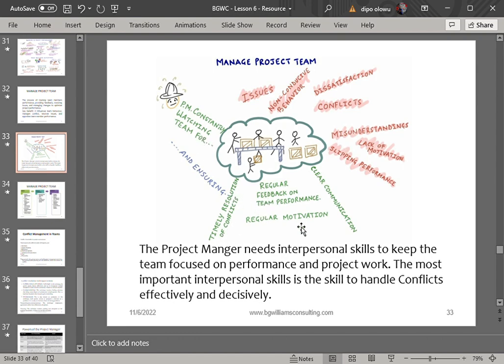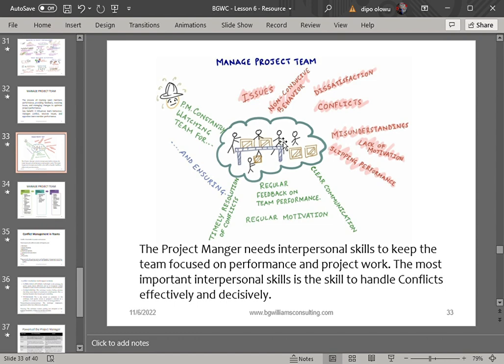And the project manager must ensure there is regular feedback on team performance, on how the team is performing regarding the project they are working on, regular motivation, and clear communications. All these little things are what the project manager must keep watching and ensure are taking place.